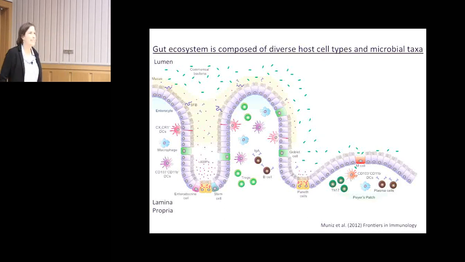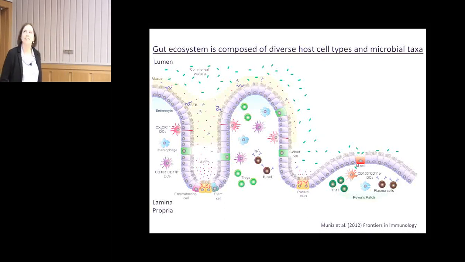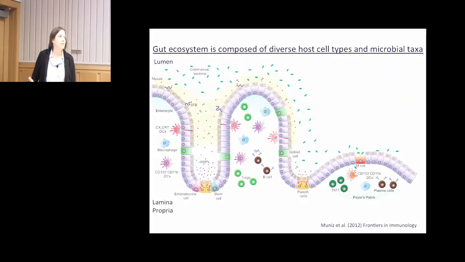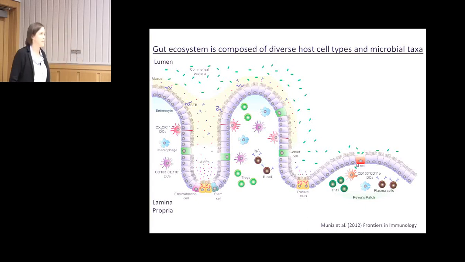And one of the reasons I like this figure is because you don't have to worry about the names on it, but there are a bunch of different immune cell types represented. And there are numerous microbial taxa that are represented. And then something that makes this figure especially nice is that they actually represented some heterogeneity in the epithelial cells too. So this ecosystem has a lot of different components.